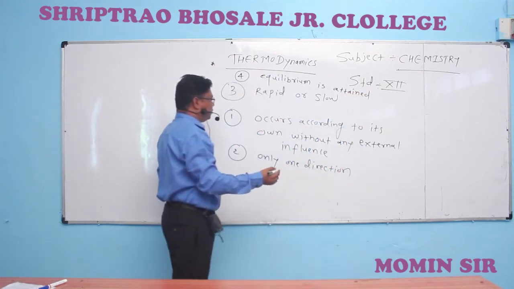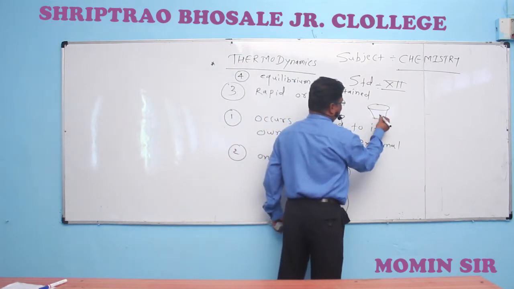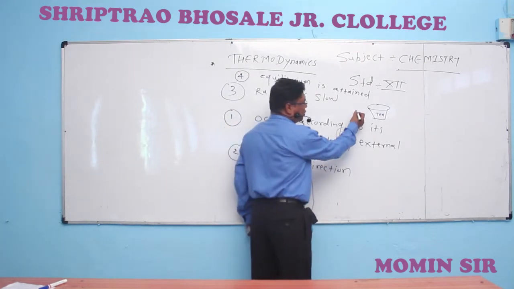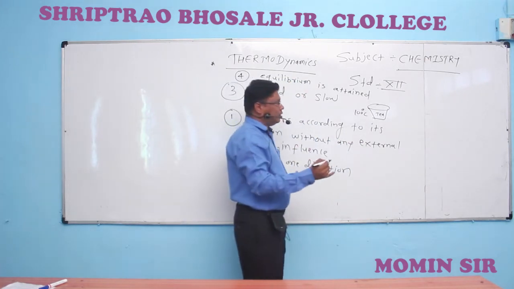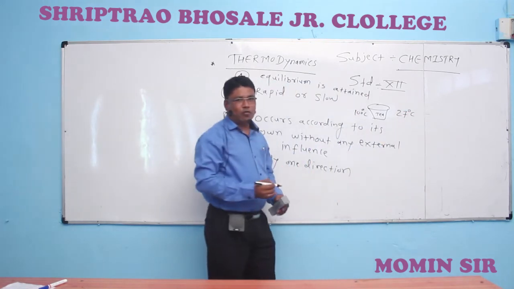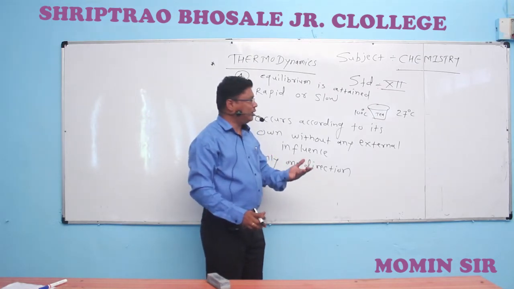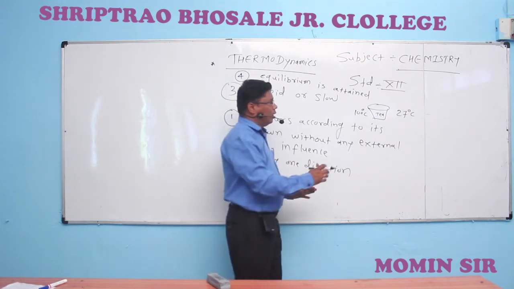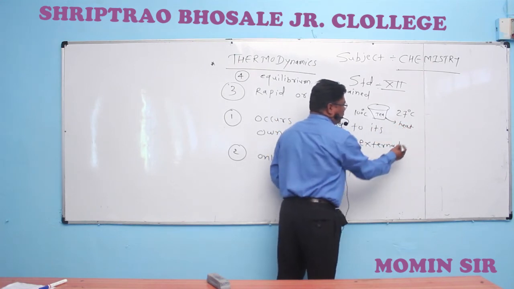You know that just now we studied, suppose this is a hot cup of tea. Suppose the temperature of this hot tea is 100 degrees Celsius and room temperature is 27 degrees Celsius. What happens? It is the natural process that hot tea becomes cold, means it loses heat to the surrounding.